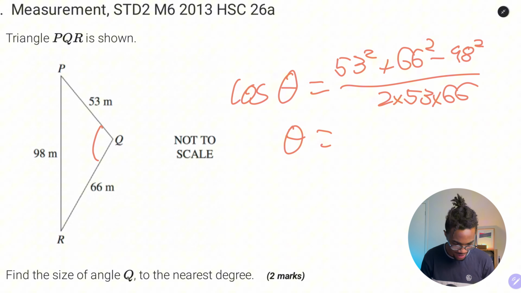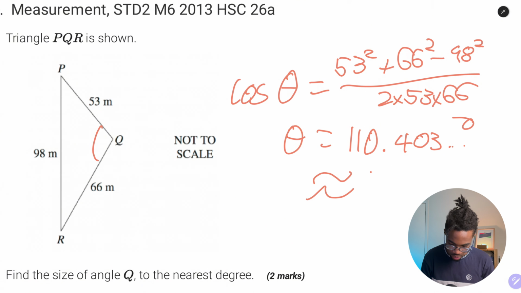So theta equals 110.403... degrees, and it's approximately equal to 110 degrees, to the nearest degree.